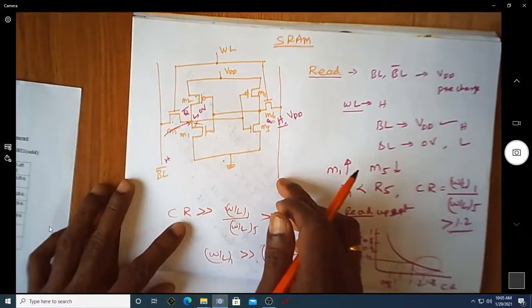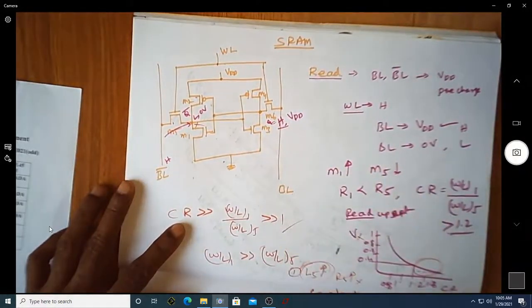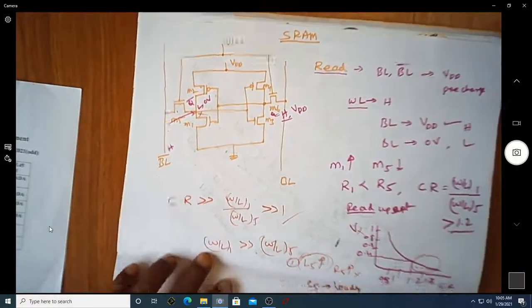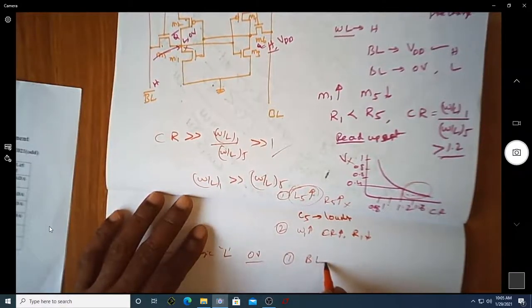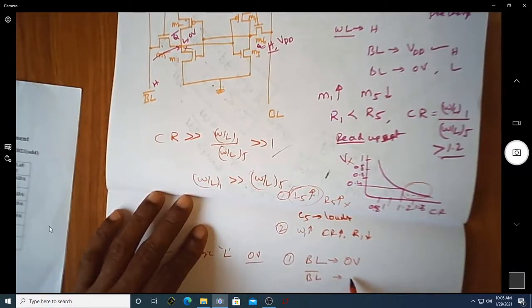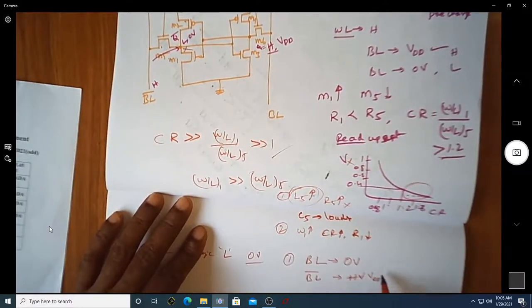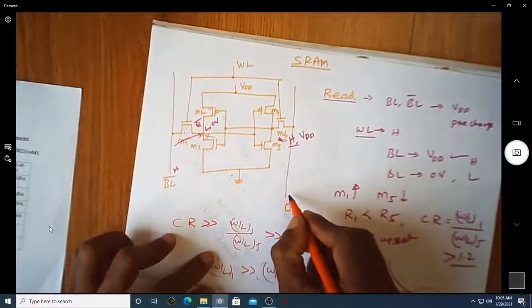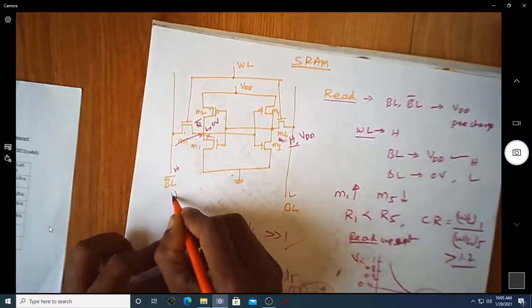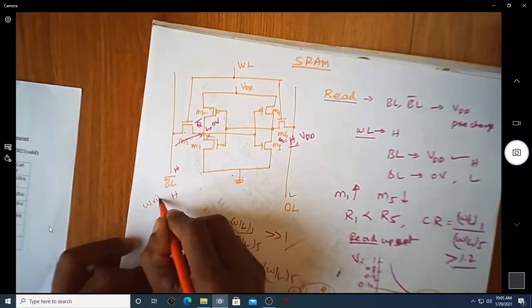If you want to write 0 onto this, the first condition is that whatever you want to write should be the value of the bit line. So the bit line should be equal to 0 volt, and the bit line bar should be VDD. That means this should be low and this should be high. Whenever this is low and this is high, you are doing the write operation.